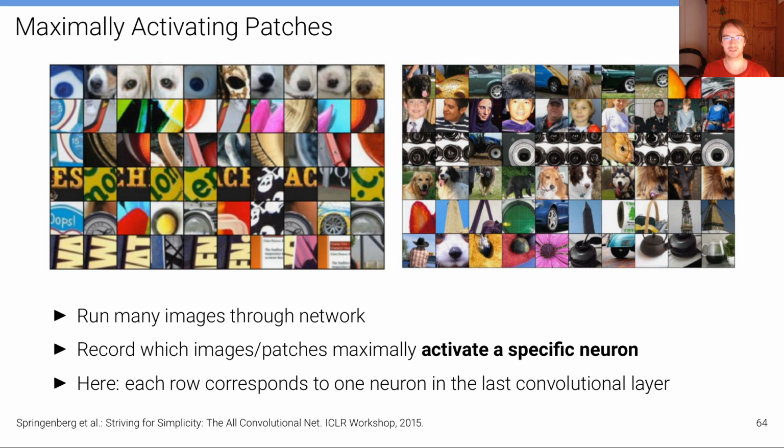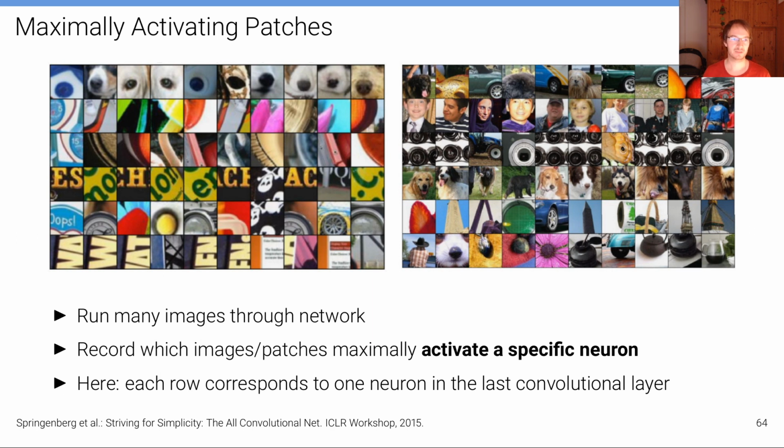There could be a neuron at any layer, at any intermediate layer, and you want to know what that neuron attends to. And to do that, you run the entire data set through the network and record where the neuron activates. And then you rank your inputs or your patches based on the activation level.